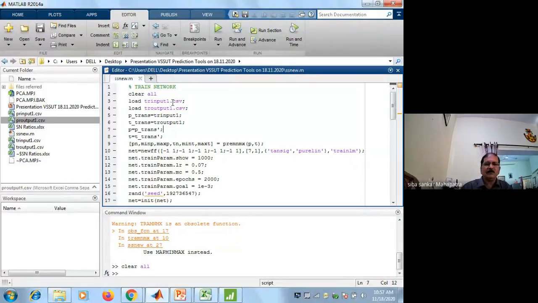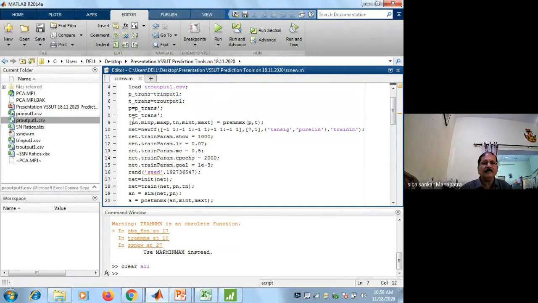So we have transposed the training input data and the training output data, and these are the input values and the target values, the output values.